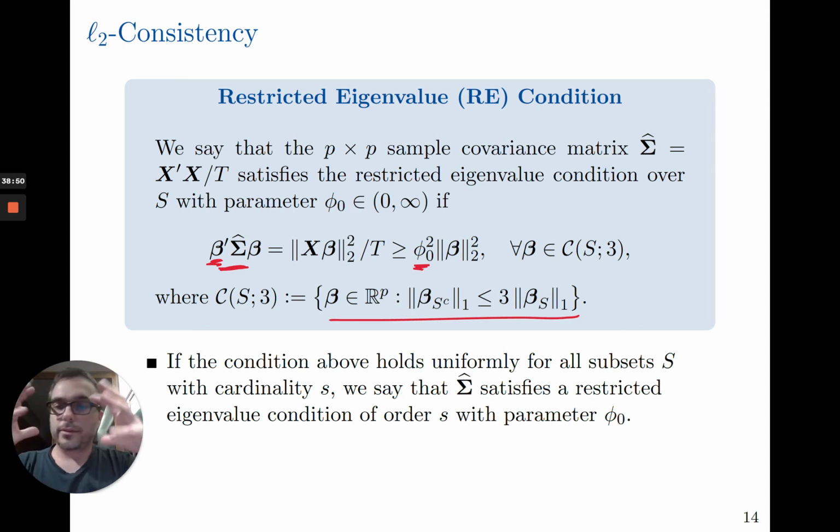For some other sorts of variables, we have to impose additional conditions, but it's possible to show that this restricted eigenvalue condition holds. So it's a wide class of design matrices X that will satisfy the restricted eigenvalue condition.